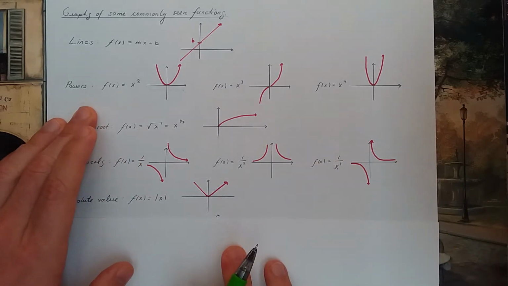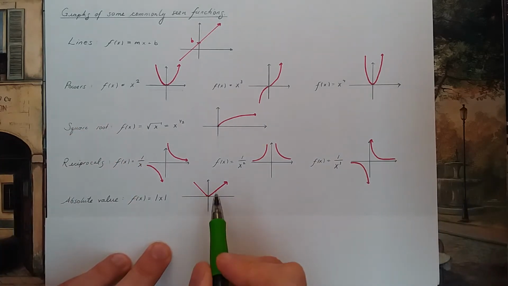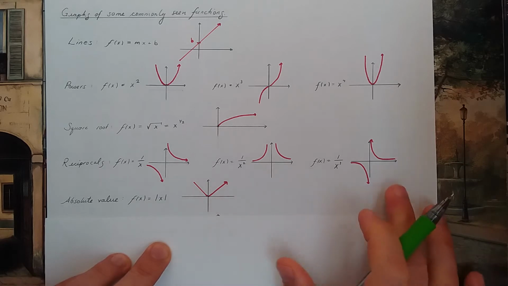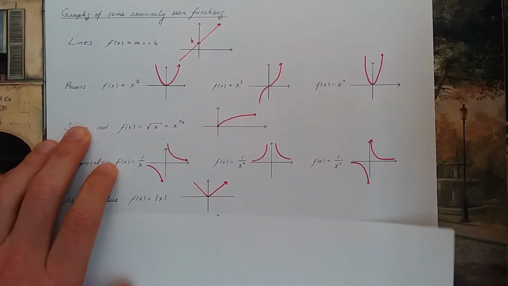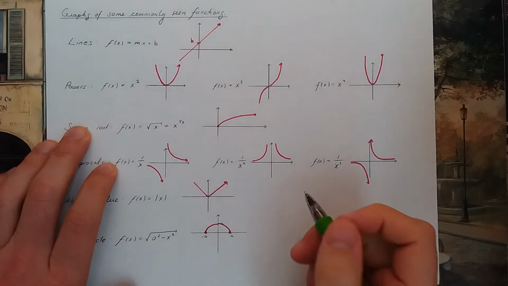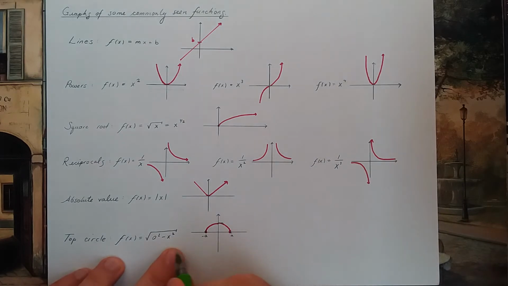We've seen the absolute value function before. That graph looks like a V. And then the last basic shape of a graph I'd like you to be familiar with is that of half of a circle.